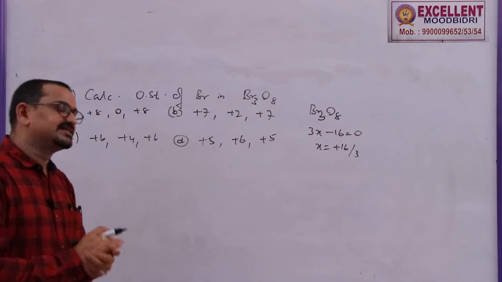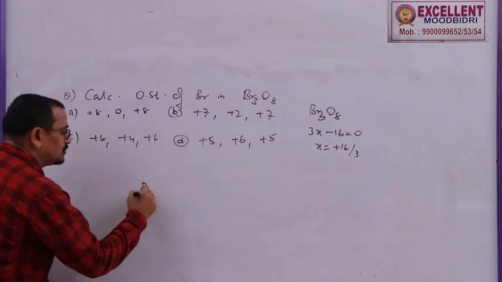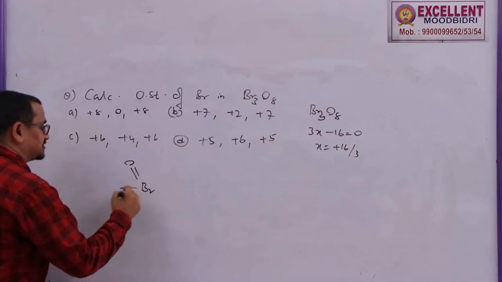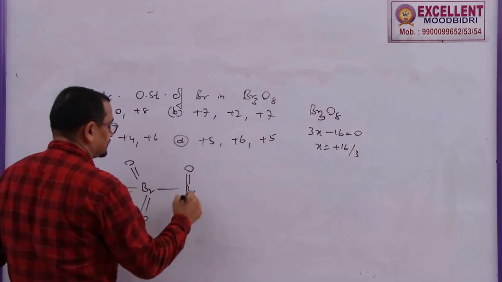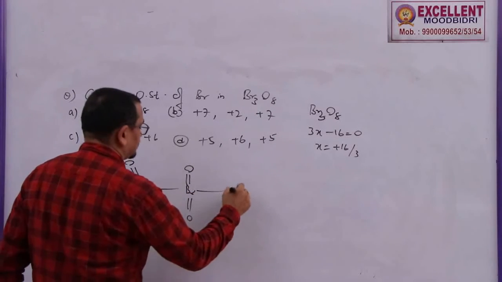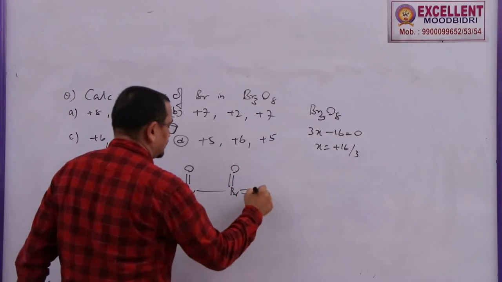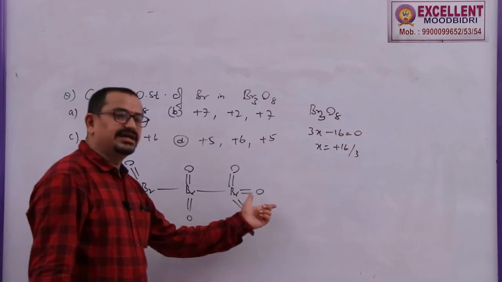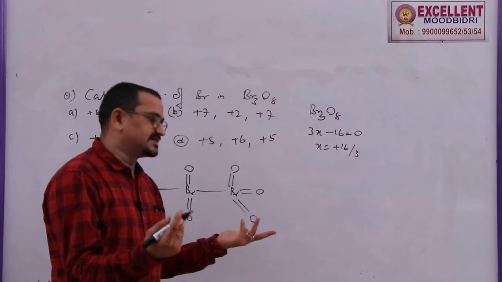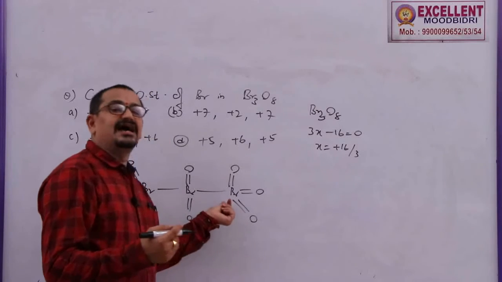In such a case, what do we have to do? We have to go for its exact structure. So this is the structure of Br3O8. Now, the more bonds with electronegative atoms, that many plus charges the atom is going to get.